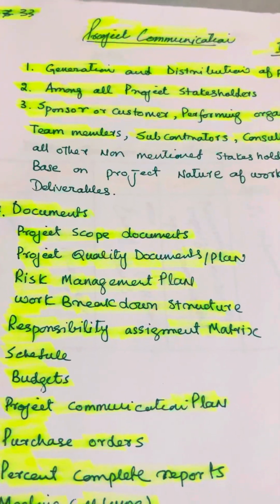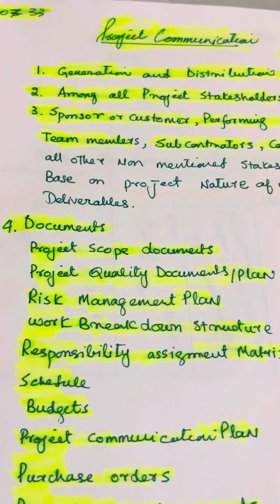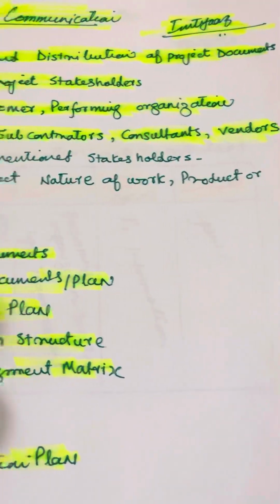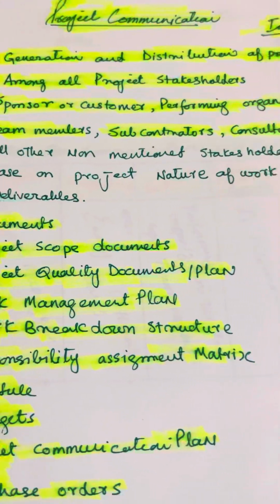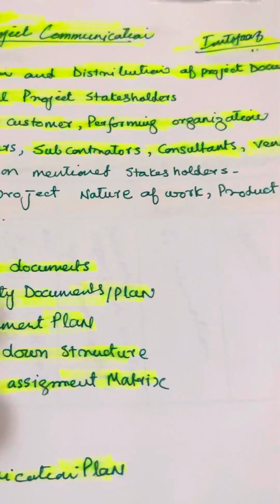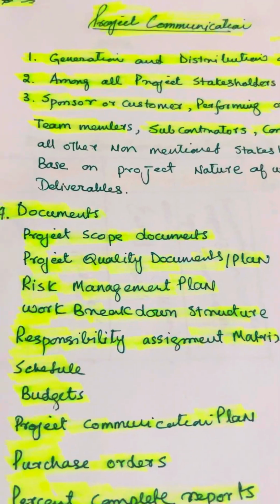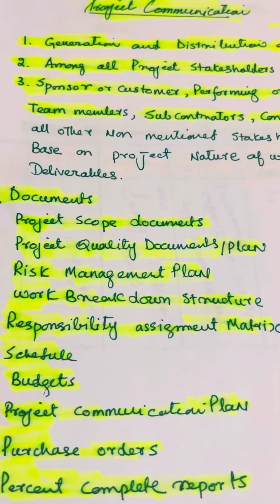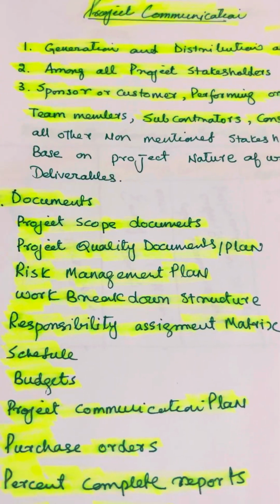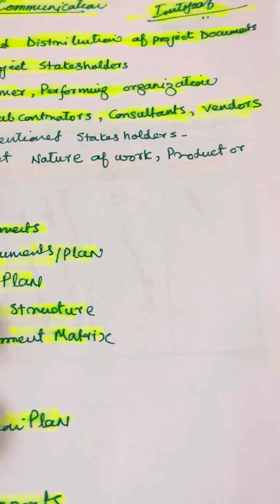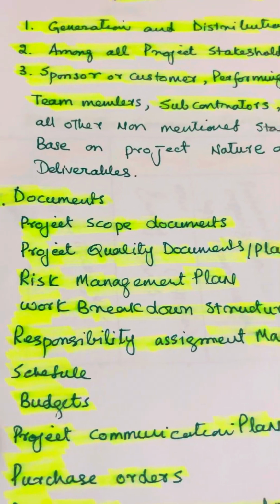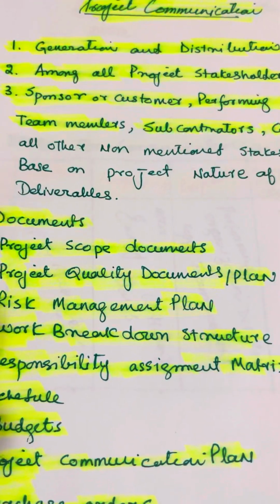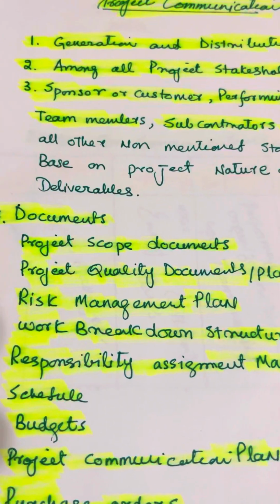And then there is the communication between the team members, subcontractors, consultants, vendors, and all other non-mentioned stakeholders. Because if you are working on a different project and it has a different nature, what they're producing or what their objective is, you can make your communication plan according to that.